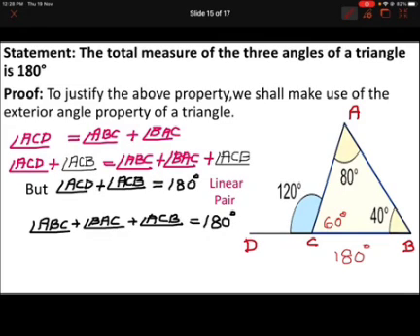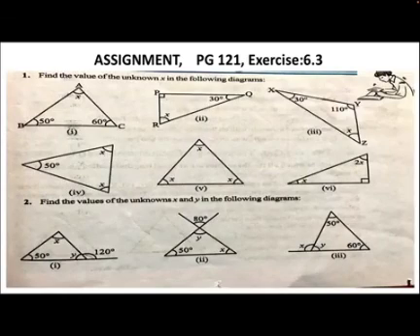We have proved that the sum of the 3 interior angles of any triangle is 180 degrees. That is the second property. What is the second property? It is called angle sum property of a triangle. It says that the sum of the 3 angles of any triangle equals 180 degrees, children. That is the second property. Okay.